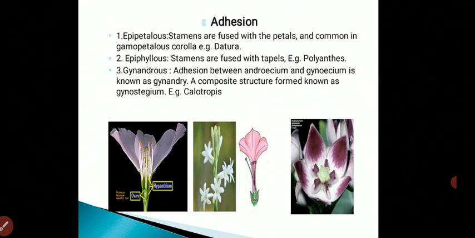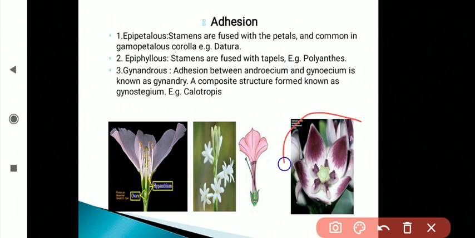In case of Calotropis, the anthers are represented by a special balloon shaped structure known as pollinia. Here, this is the condition of gynandrous, or we can say gynostegium in Calotropis.